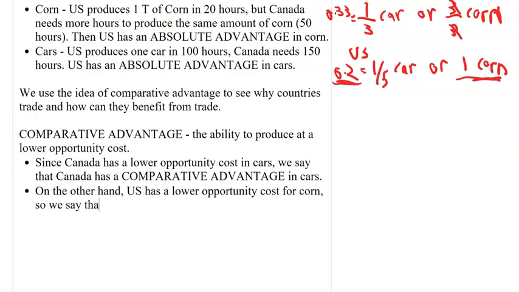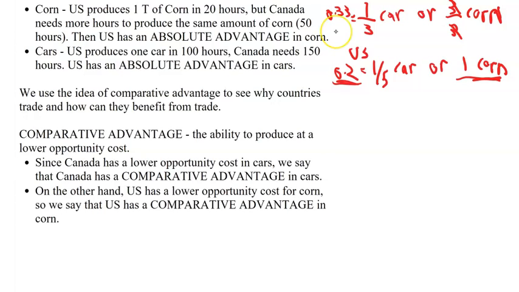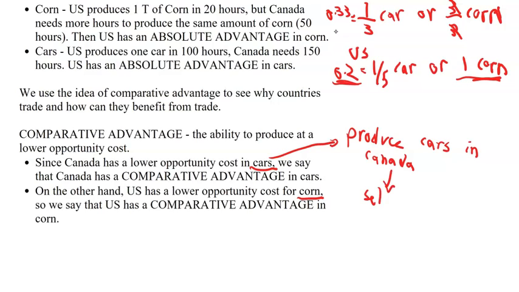So we say that US has a comparative advantage in corn. So this then tells us that since Canada has a lower opportunity cost in cars and US has a lower opportunity cost in corn, Canada should produce cars and then sell cars to the US. Since US has a lower opportunity cost in corn, corn should be produced in US and sold to Canada.